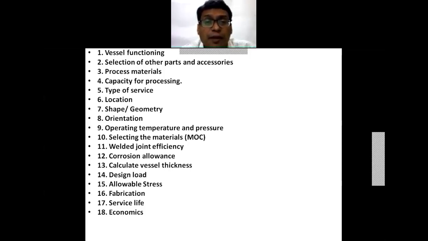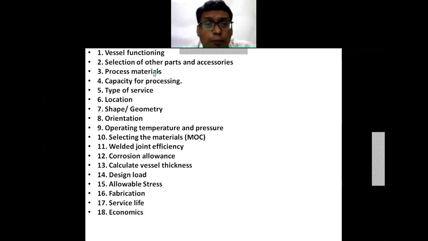Then the shape and the geometry, whether it's a cylindrical shape, a hemispherical shape, or a square or cubical shape. Then the orientation of the vessel, whether it is vertically or horizontally oriented, which again depends on the functioning of the vessel. Then the operating temperature and pressure, which relate to your process material temperature and pressure.